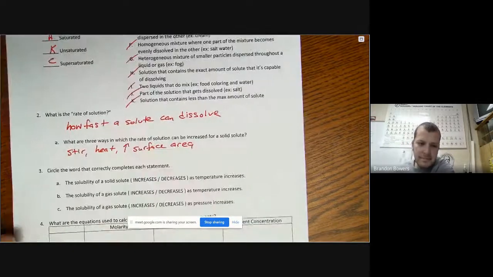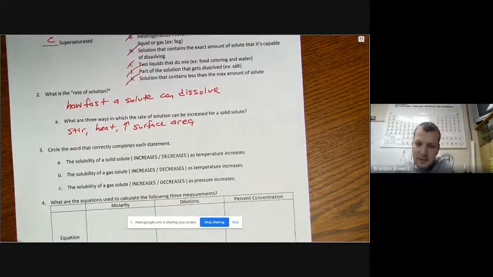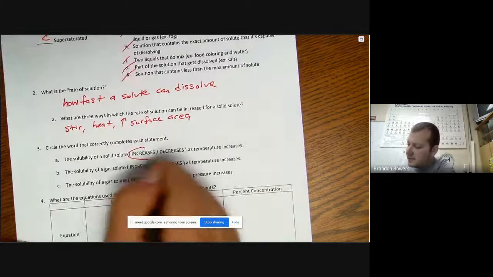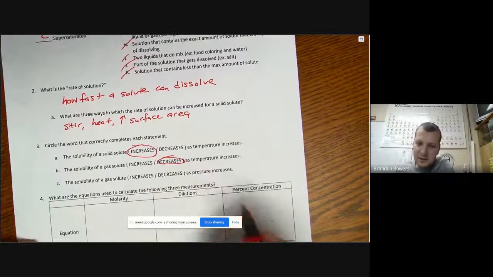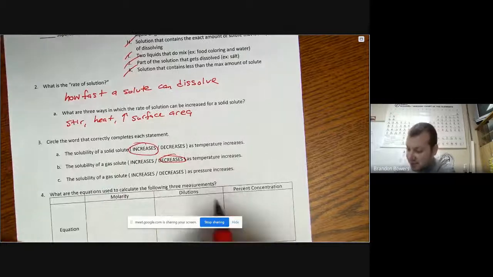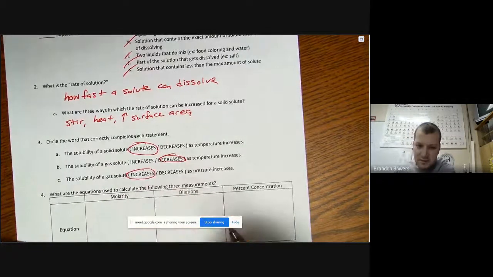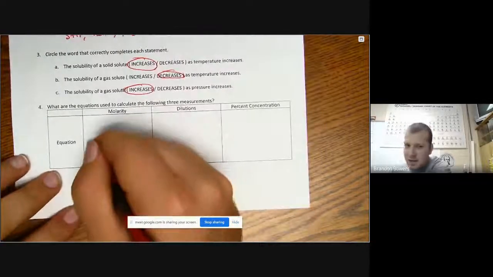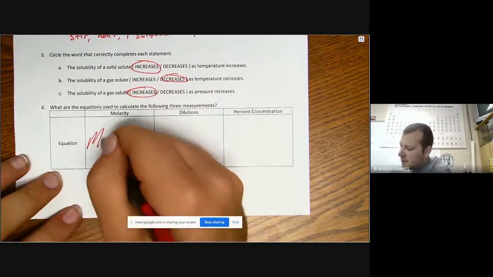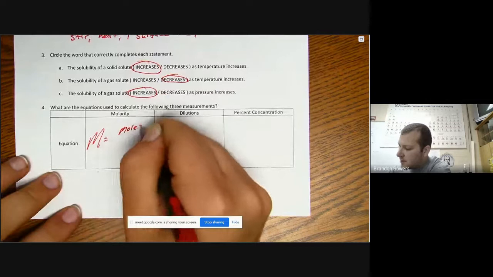Okay. Circle the word. The solubility of a solid will increase. The gas decreases. And the solubility of a gas as pressure increases will also. Okay. The equation. So hopefully you know molarity is equal to moles over liters.